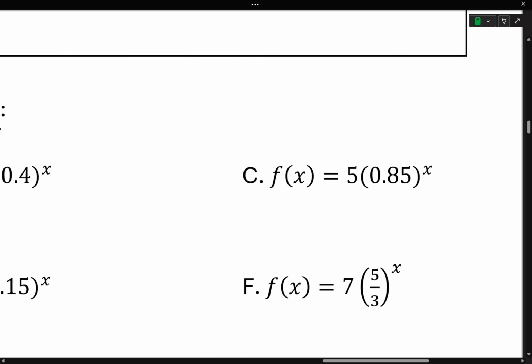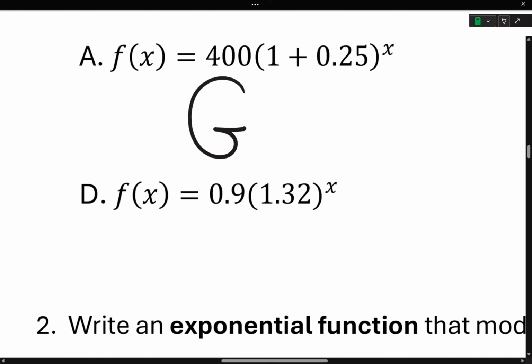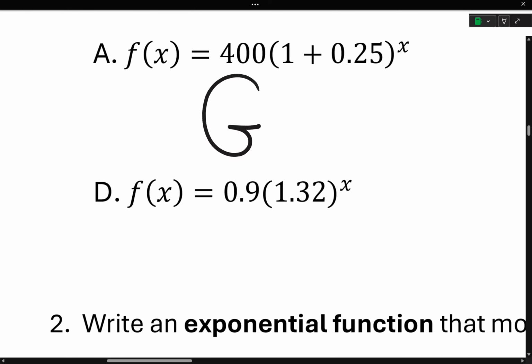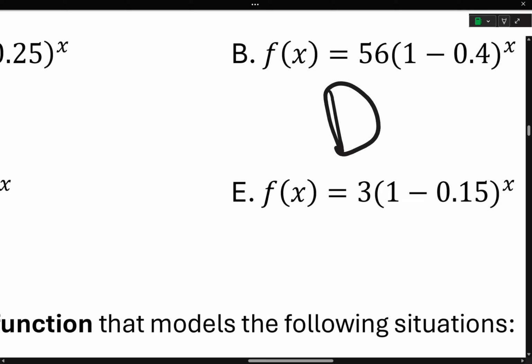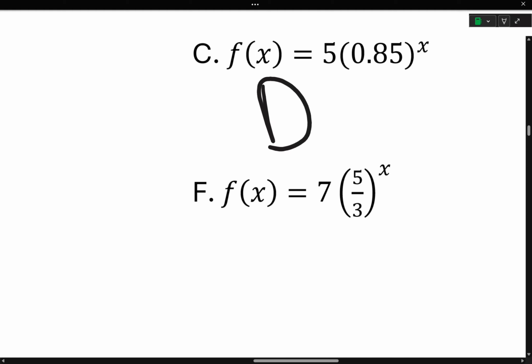Letter C has a number smaller than 1 inside of its parentheses. That's decay. Letter D has a number greater than 1 in its parentheses. Growth. Letter E has a minus. That's decay. And letter F has a fraction inside, but that fraction is greater than 1. So it's growth.